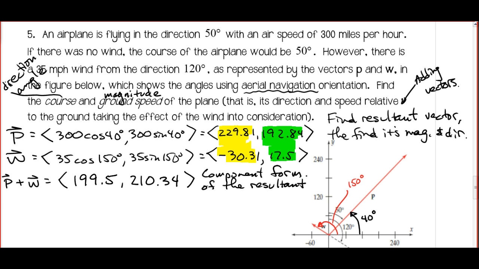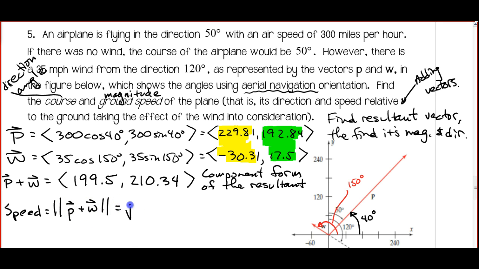Okay, so this would be the path of the plane with the wind taken into account. Alright, so now that we've done that, we need to find the speed. So the speed is going to be the magnitude of the resultant, so p plus w.